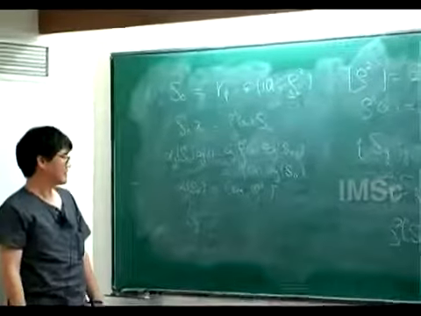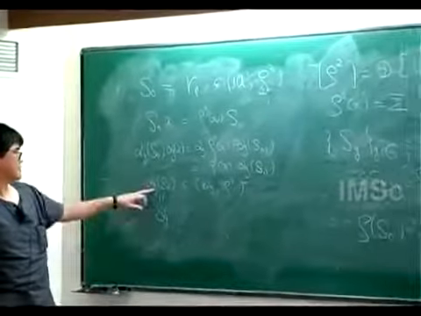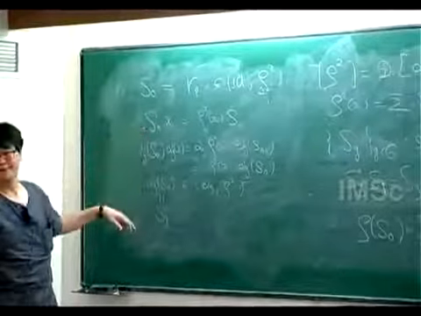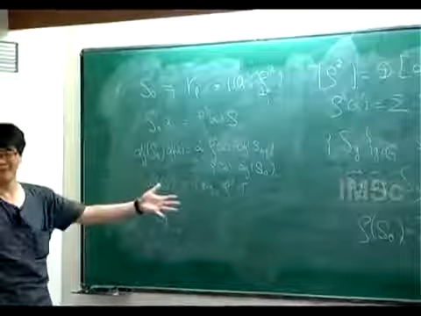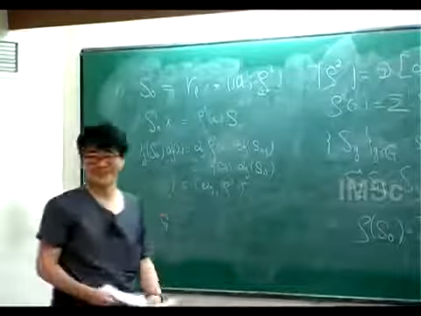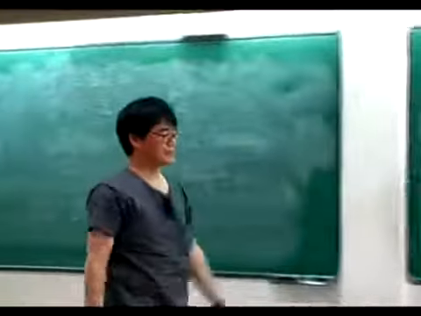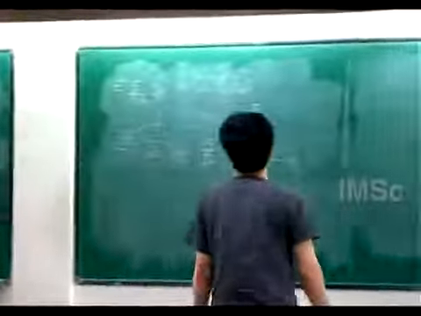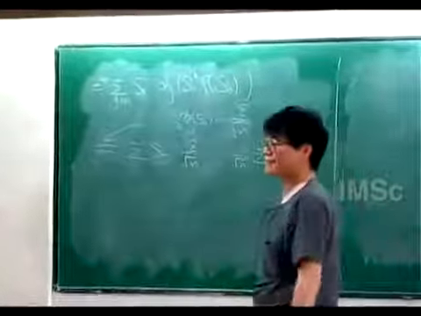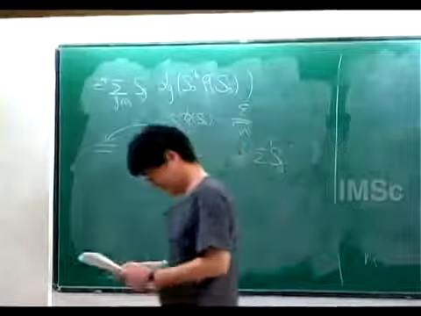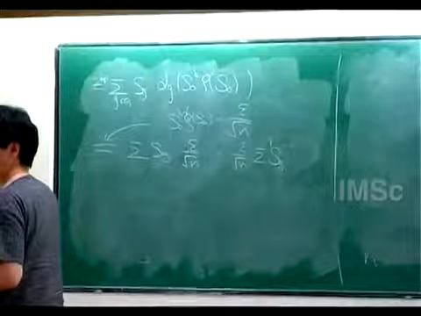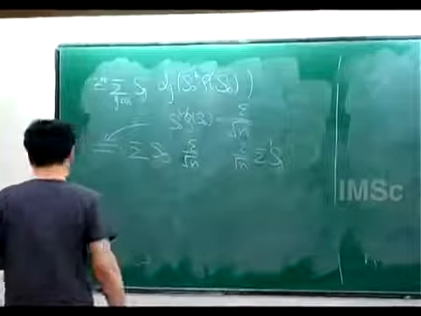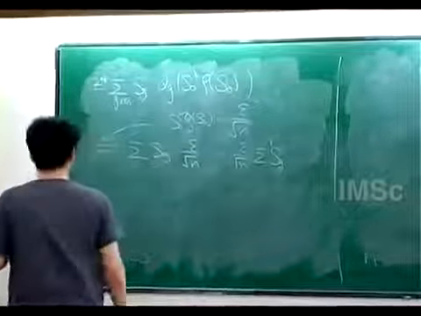But S0 is defined to be R rho, nothing to do with G. Yeah, but it corresponds to the neutral element. That's a relation on the SG. Yeah, that's right. Now, next we consider this relation.